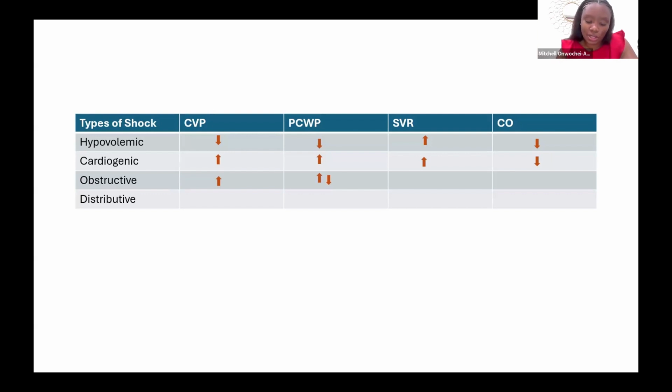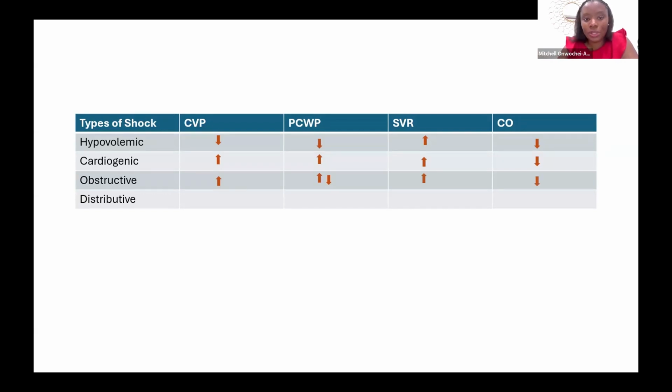So you'll see your left ventricle squeezing away, and the wedge is usually low. But in obstructive shock that's caused by cardiac tamponade, all the filling pressures of the chambers are elevated. So your wedge will be elevated there. And your SVR is usually high in obstructive shock, and the cardiac output is low.